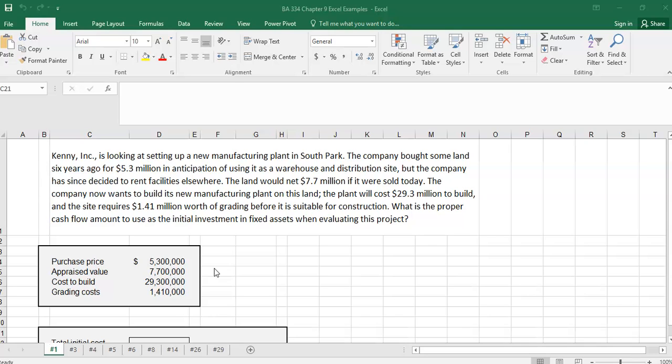The cost to build the manufacturing plant is relevant to this cost analysis, and the grading cost of $1.41 million in order to prepare the land for construction.